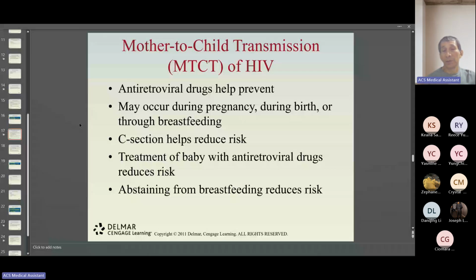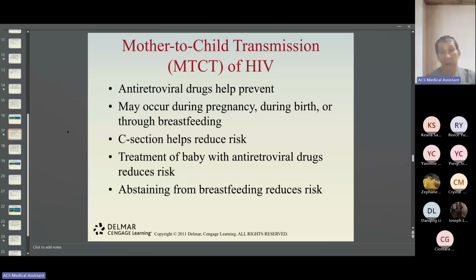Forget about the bond that the mother creates with the child during breastfeeding. We have to replace that with a bottle because, once again, during lactation, breastfeeding, this virus can still be passed to the child. Can you imagine that the virus was not passed through the placenta?